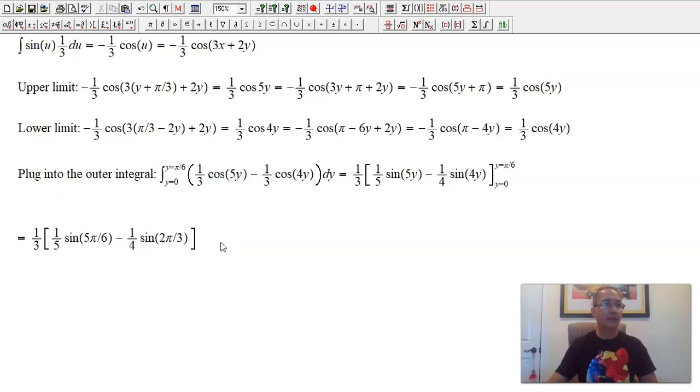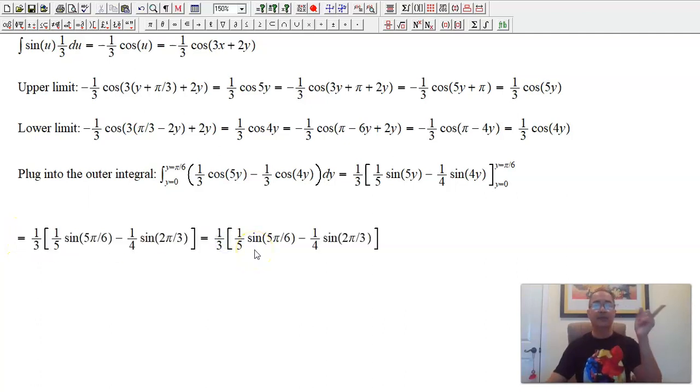So it's now just remembering our trig. So 5 pi over 6, second quadrant, the sine, I believe, is 1/2. Okay, positive? Yes, positive. Because we're in the second quadrant, the sine is positive. 2 pi over 3, still in the second quadrant, but this time the sine is, I believe, radical 3 over 2.